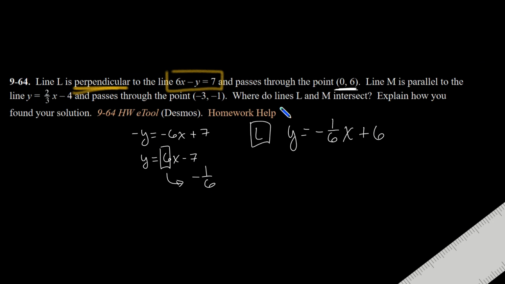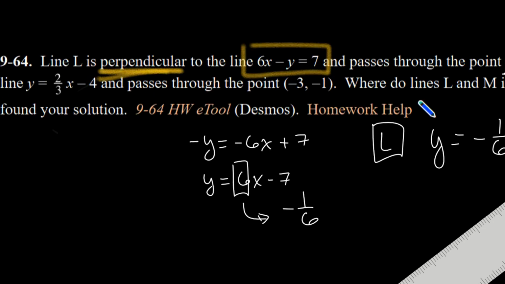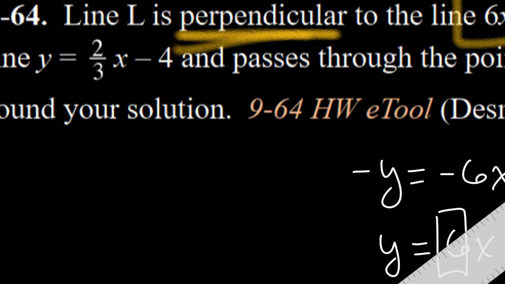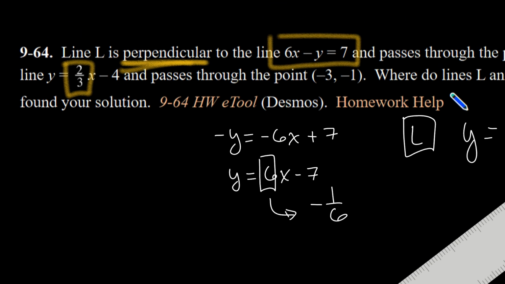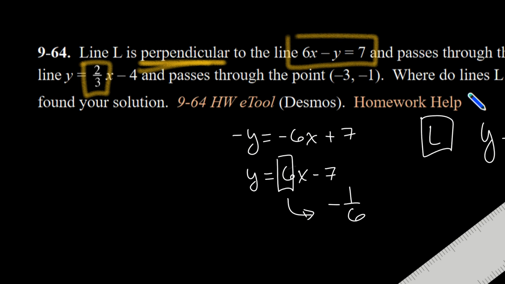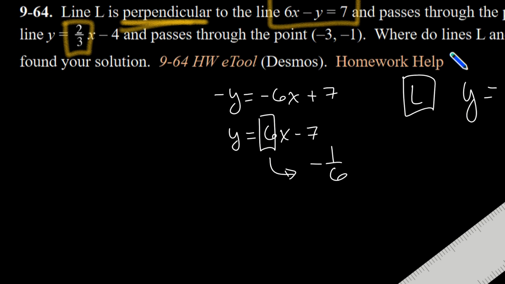Okay, M is parallel to this line. Well, if it's parallel, now I can just copy the slope. The slope of line M is 2/3, and it has to go through this point (3, -1). So let's think about that point. I'm looking at y equals mx plus b.